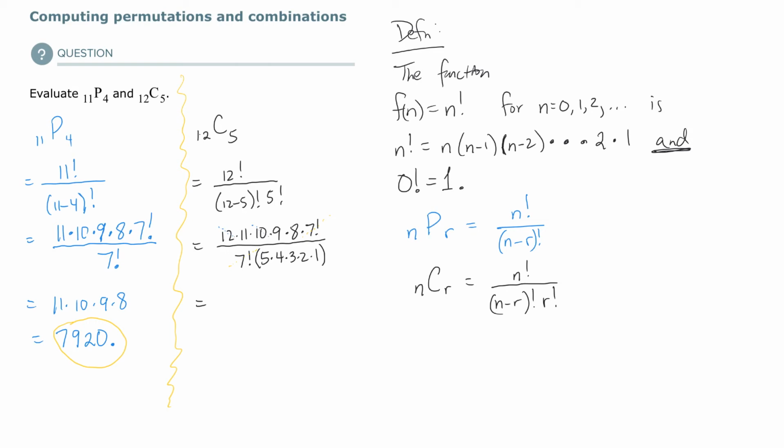We're left with 11 times 9 times 8. So 99 times 8 is 792. Oh, silly me. The numbers are right there on the left.